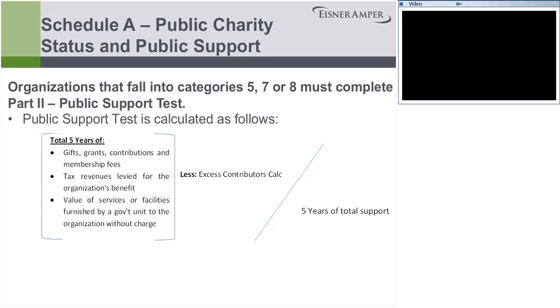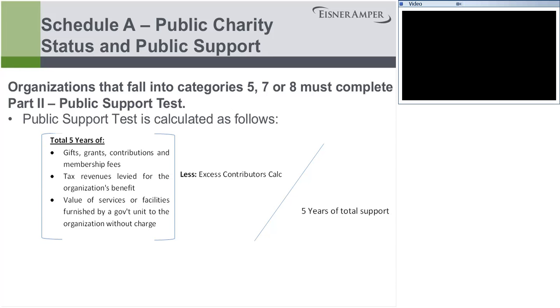So if Bob Jones gives $1 million to the organization every single year, then his total is $5 million. I'm going to take the number I calculated, which is 2% of my 5-year average, and I'm going to do $5 million minus my number, and whatever the excess is, that's his excess contribution, right?